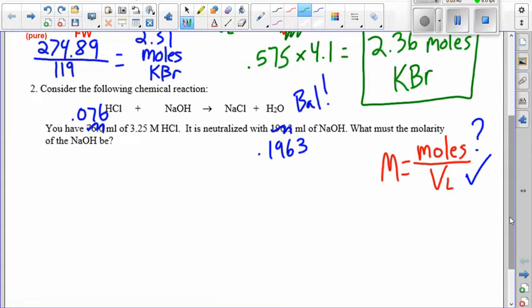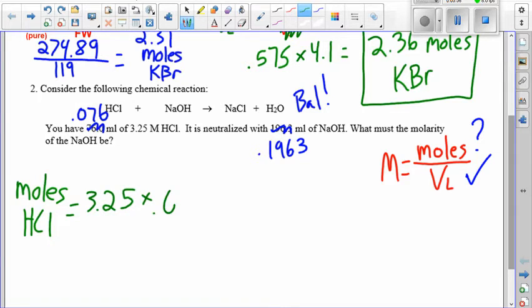My moles of HCl will be equal to my molarity times volume. So that's going to be my 3.25 times my volume in liters, 0.076. That comes out to be about 0.25. I'm going to make sure I label this well: moles of HCl.